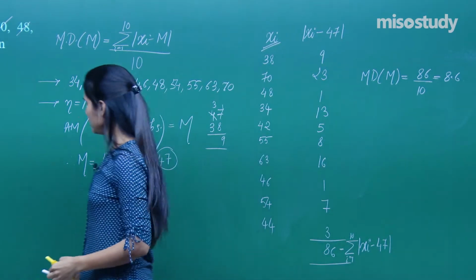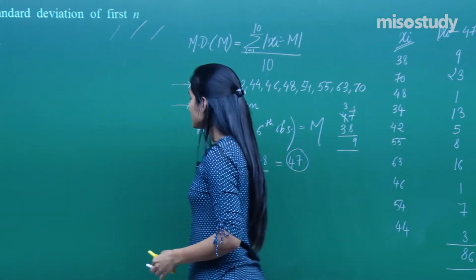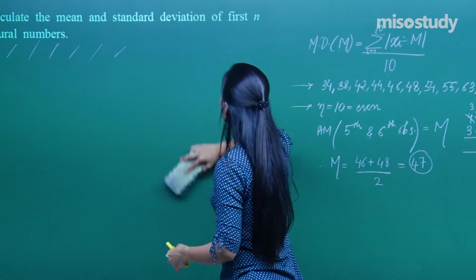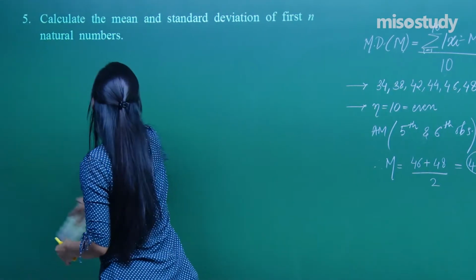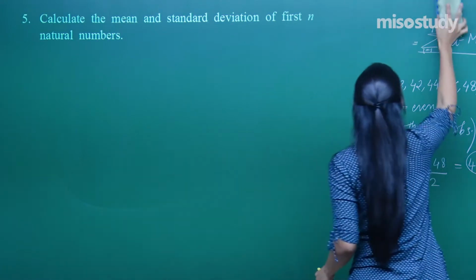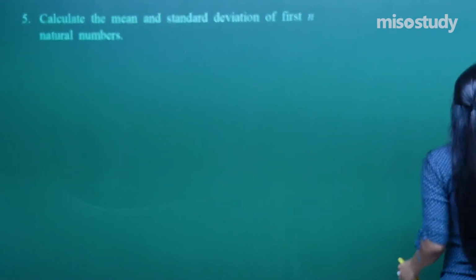Is it clear? Next we have, calculate the mean and standard deviation of first n natural numbers. That means first n natural numbers are given to me as n individual observations. I need to calculate the mean and standard deviation.